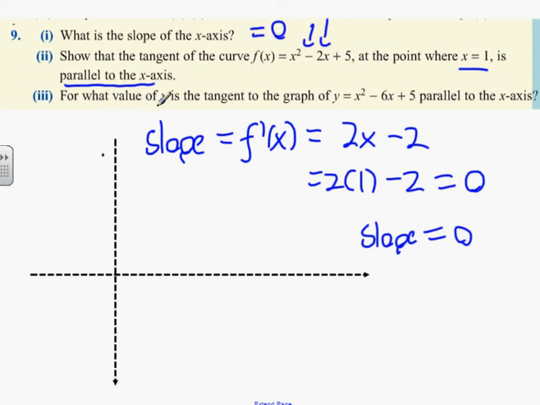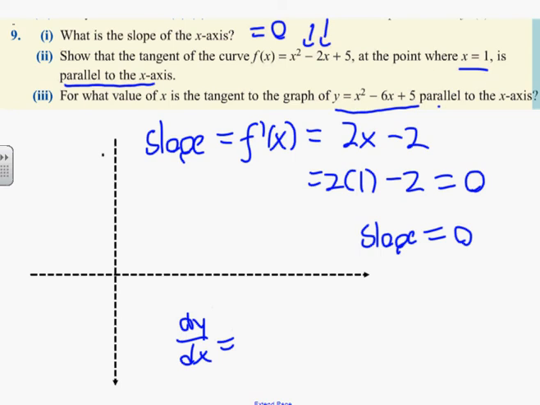Now, for what value of x is the tangent of the graph parallel to the x-axis? What's the formula for the slope for any curve? dy/dx.